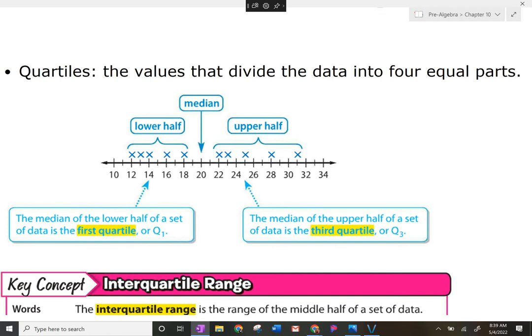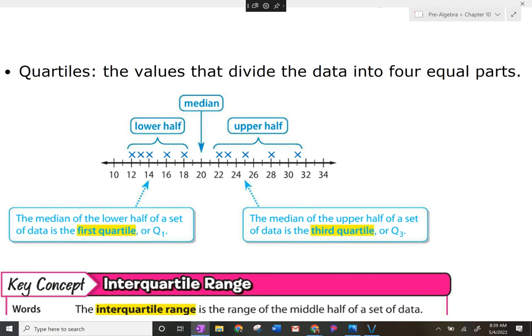So anyway, we got all these different quarters. When we look at what things are going to get broken up, we have the regular median, and we can find a median for this bottom half. So this spot right here is going to be our first quartile median, or Q1.